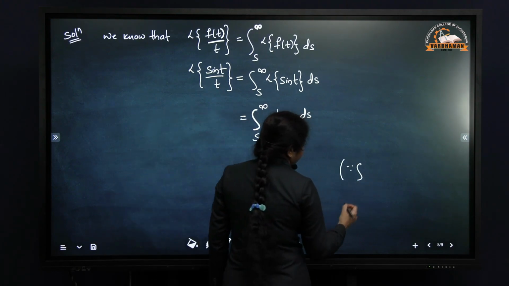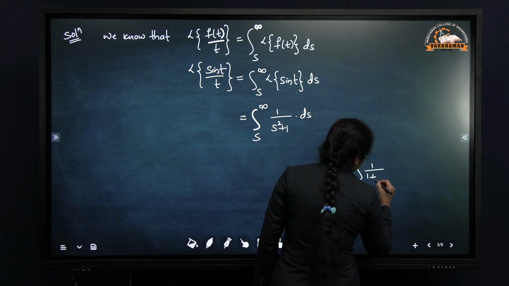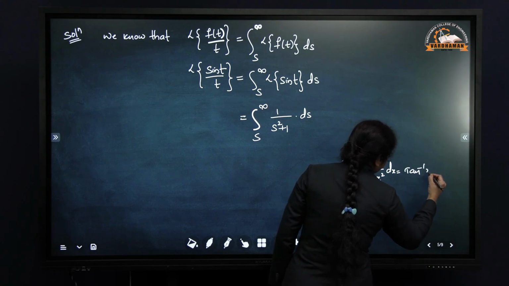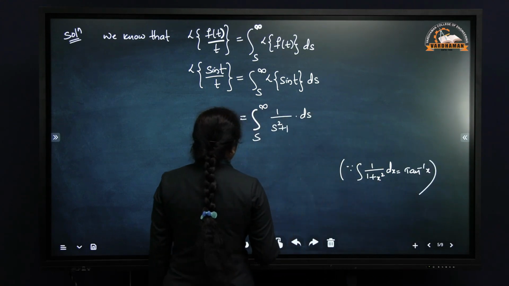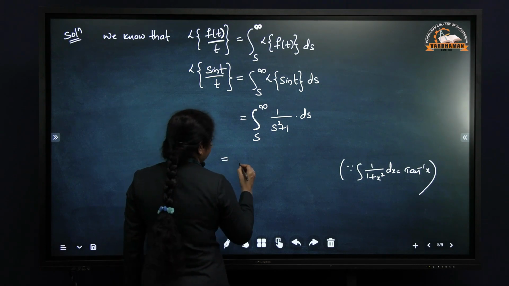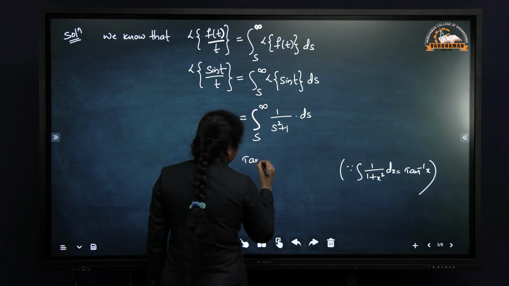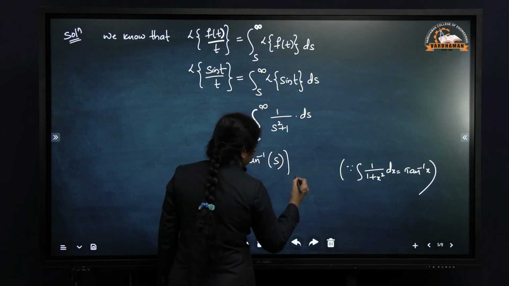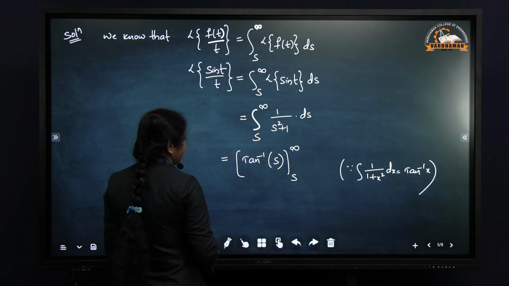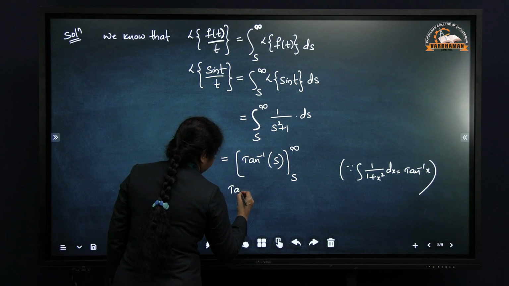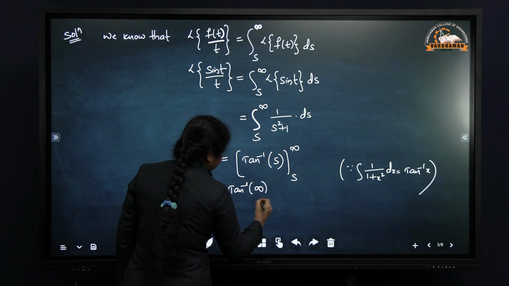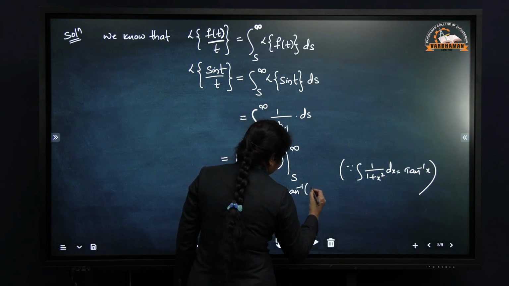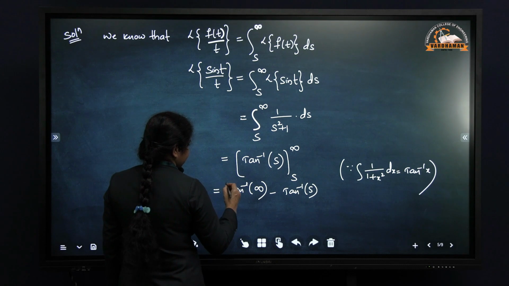And the integration of 1 by 1 plus x square dx formula is tan inverse x. Now using this formula, for the integration of 1 by s square plus 1, we get tan inverse s, and the limits for s are s to infinity. Now when we substitute the upper limit as infinity, we get tan inverse infinity minus tan inverse s when we substitute the lower limit as s.